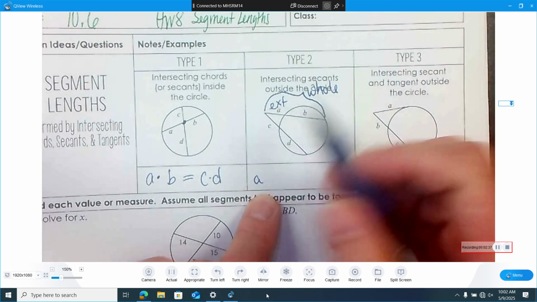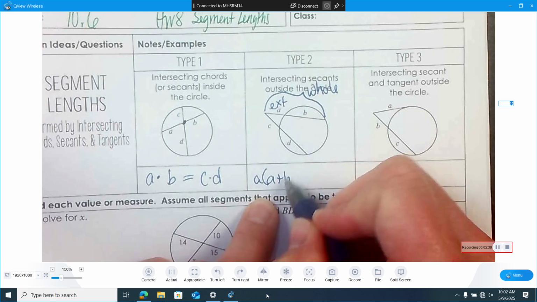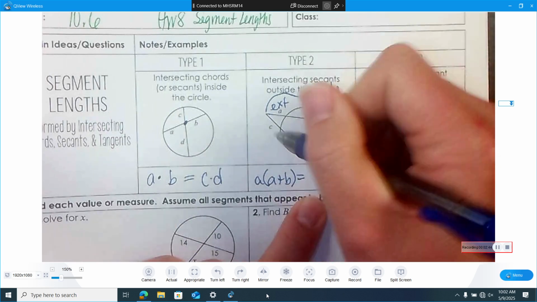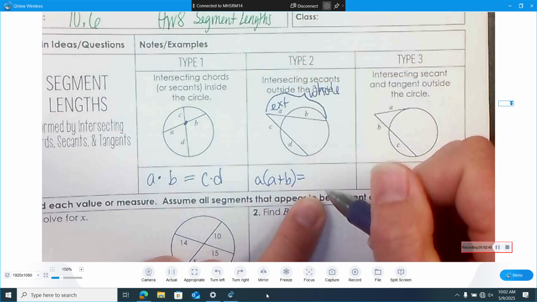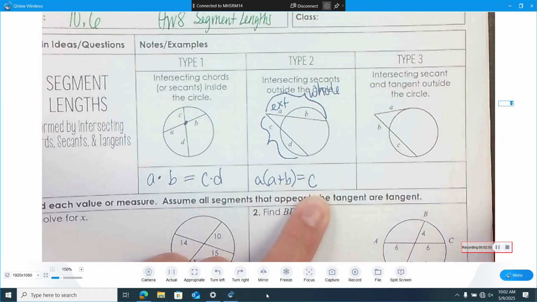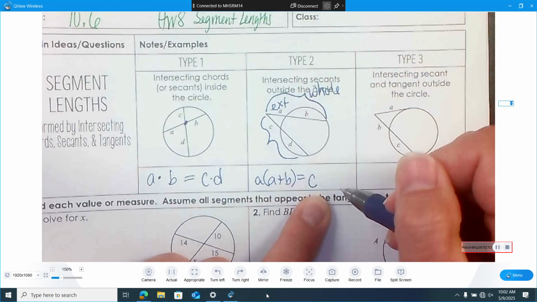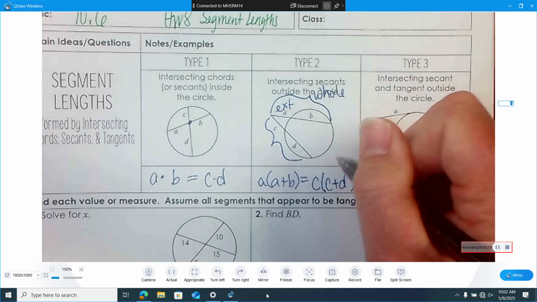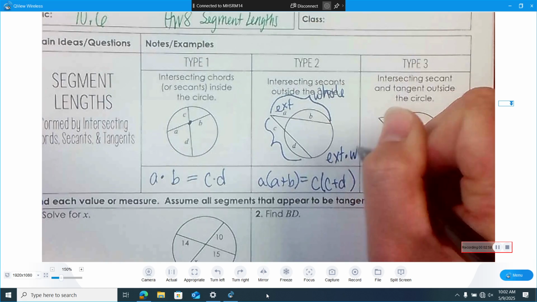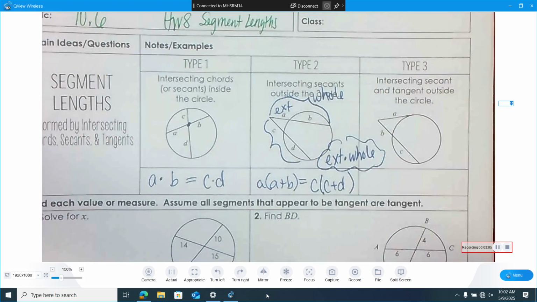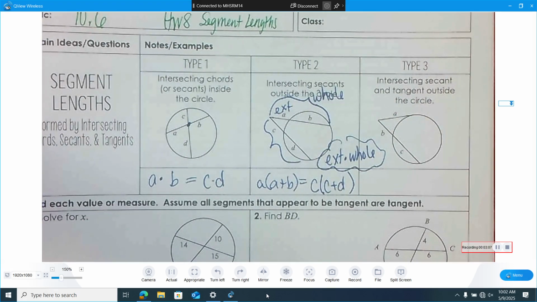Well, the whole length in this case would be A plus B. So it's really exterior times the whole is equal to this exterior portion, which is C, and then times the whole thing, which in this case would be C plus D. So the way I think about it is really just exterior times whole. Exterior times whole equals exterior times whole. So that's how I think about them, that I've thought about them for 20 years.